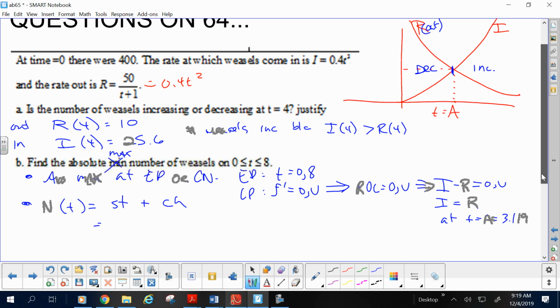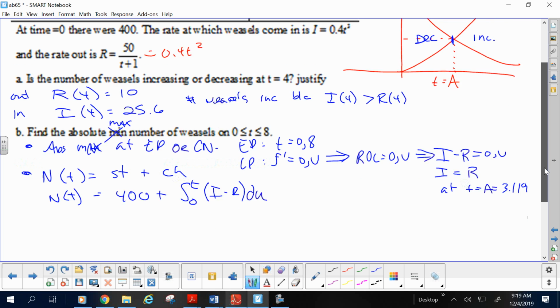What's the starting amount of weasels? 400. And how do I find the change in the weasels? Integrate from 0 to whatever time of, what do I integrate? What's the net rate? I minus R of dx or du or some kind of dummy variable. Okay, so t goes in later.